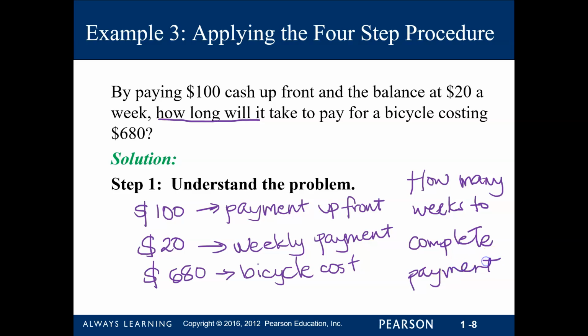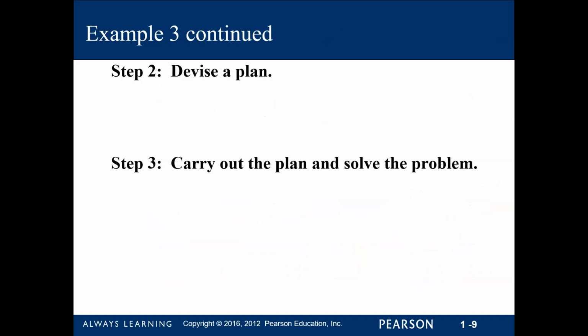Okay? So, let's take a look at our plan. Remember our bicycle, the cost is $680. This is the total cost. Now, the person buying has already paid $100 up front. So what do you do with that $100? Because that payment was already done in the store, we're going to subtract the $100 payment from the total cost.